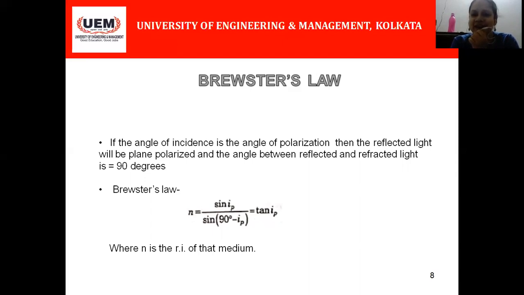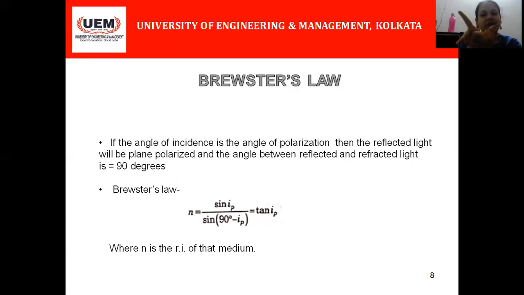So we know by Snell's law, the refractive index of the medium is sine of angle of incidence by sine of angle of refraction. The angle of incidence is, of course, the polarization angle, IP, and the angle of refraction is 90 degrees minus IP. Why? Because the reflected light and the refracted light are mutually perpendicular.